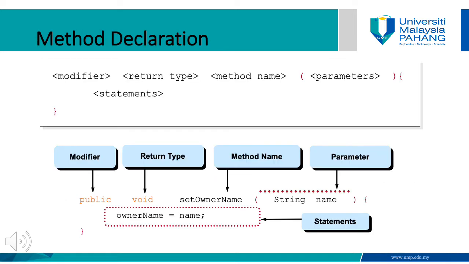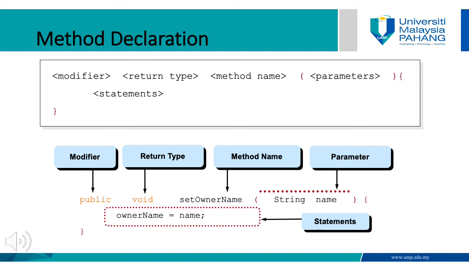This is how you declare a method. First, you define the modifier, then the return type, then the method name, then the parameter, and then the statements to be included in the specific method.